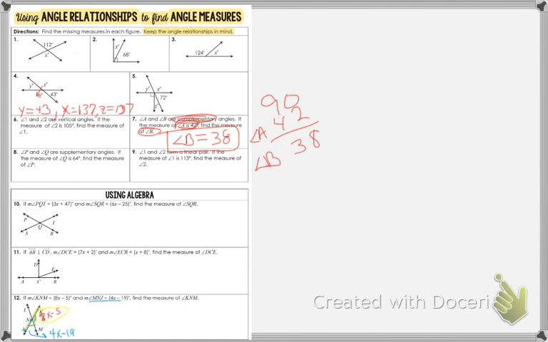Well, guess what? This is a straight line, which means that all of it right there equals 180. That means that if I add those two together, I should get that. So we have, and let me erase the 180 so you don't get confused, we have 8x minus 5 plus 4x minus 19 equals 180.